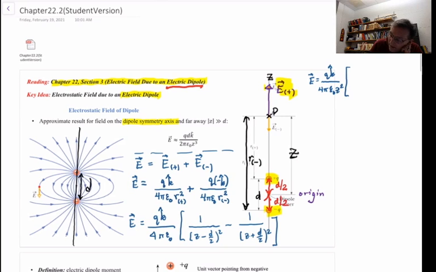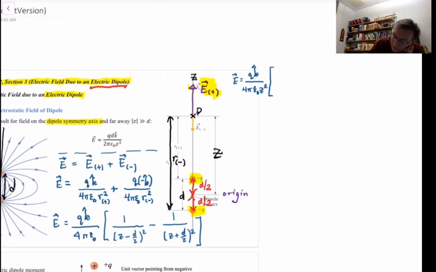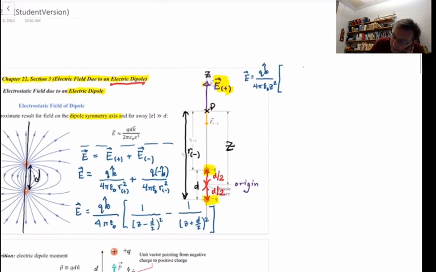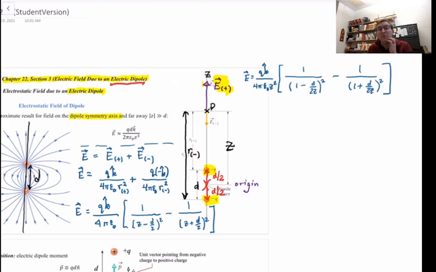What that leaves me with is 1 over (1 minus d over 2z) quantity squared minus 1 over (1 plus d over 2z) quantity squared. Okay, I factored a z squared from each binomial in those denominators. And that's why there's a z squared out front in the denominator. Then the binomials look like that.